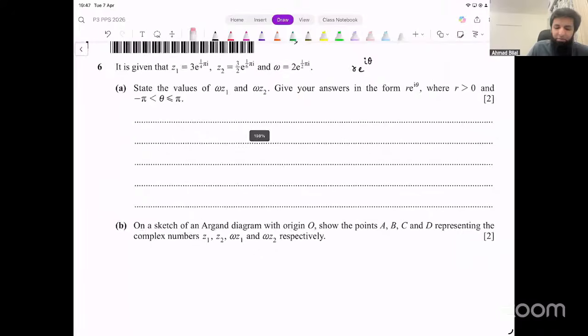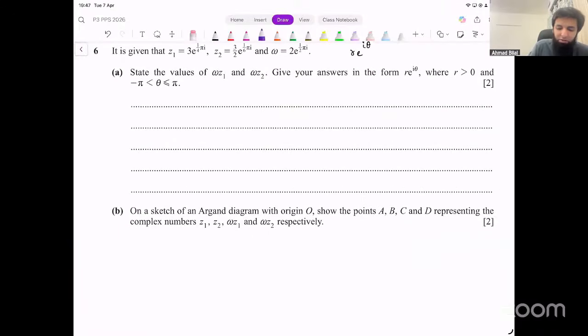In this case, multiplying normally is also not going to be very long. If I just do it directly, wz1, what is that? w is 2e raised to power pi over 2 iota. And then z1 is 3e raised to power pi over 4 iota.